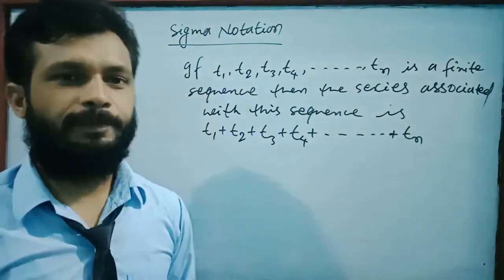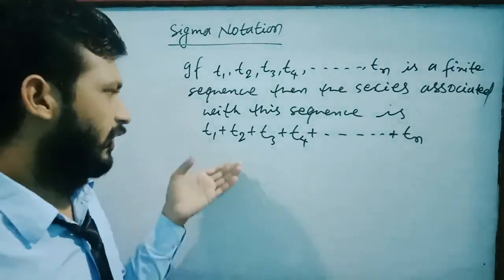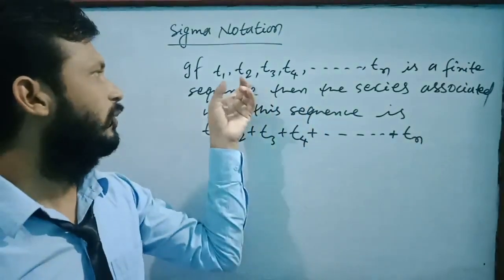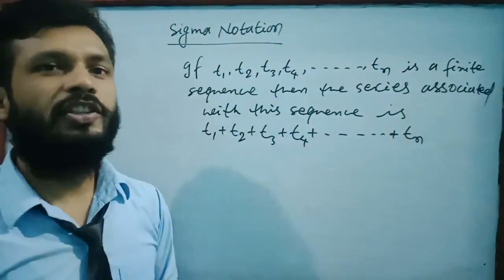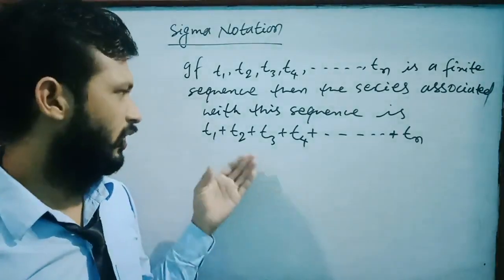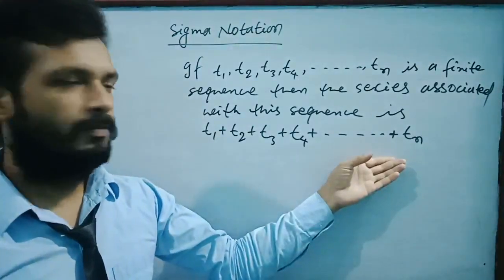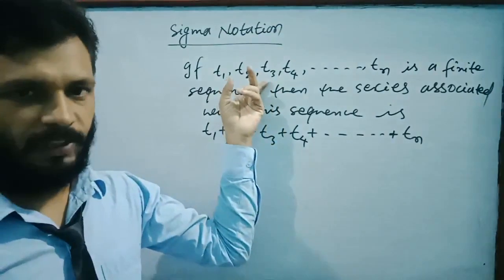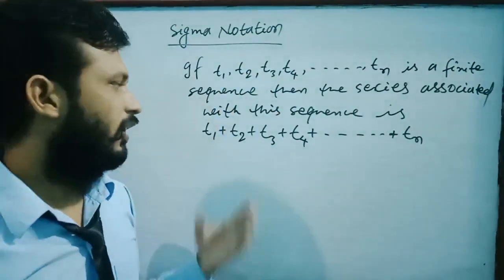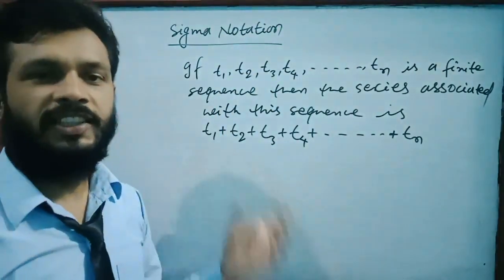So it is called a series, or it is the series associated with this sequence, because it is formed by the given sequence. Understood?